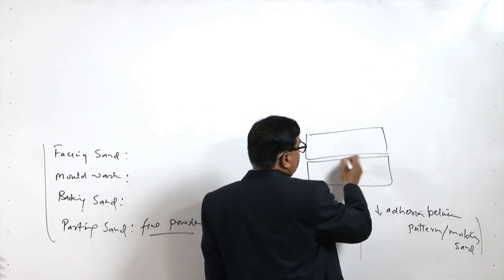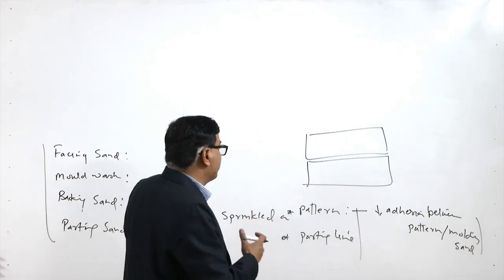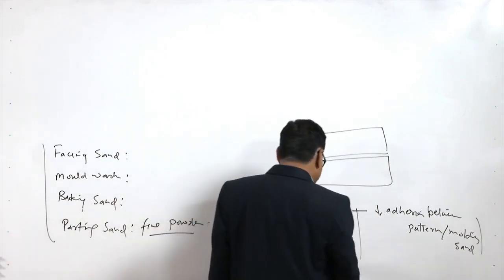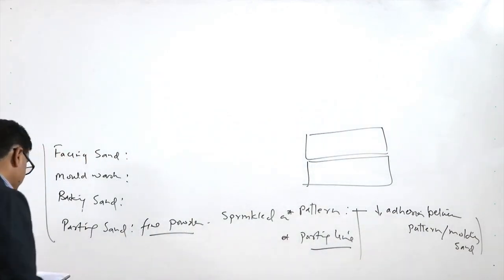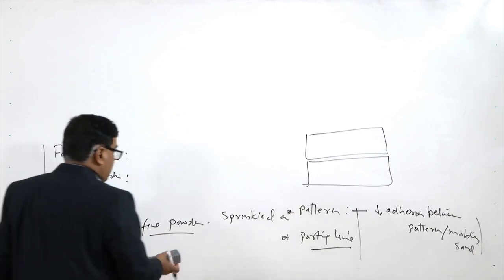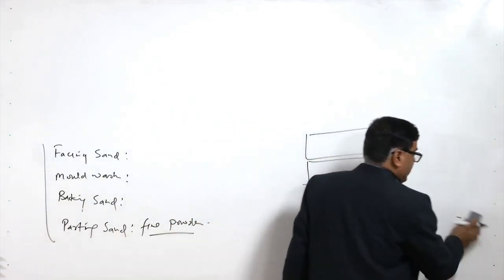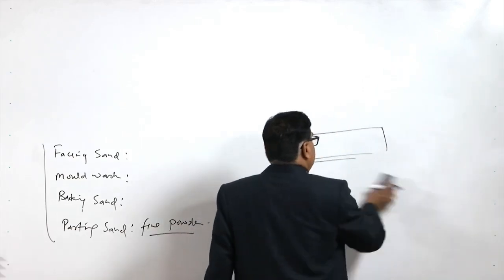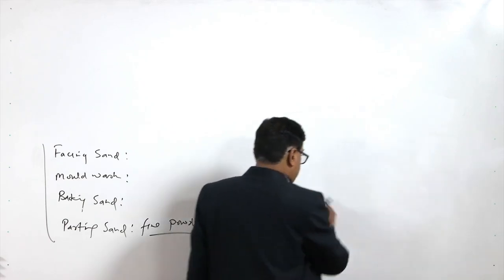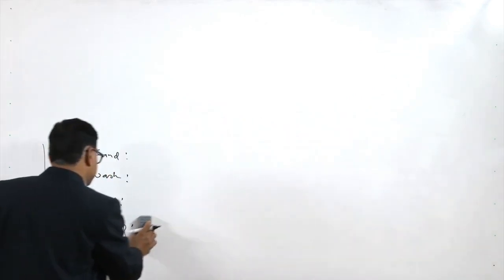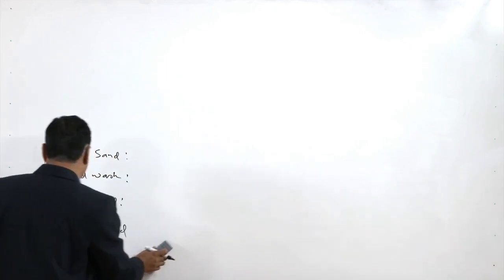So, the separation of the cope and drag without damage will be easier when the parting sand is sprinkled over the surface of the pattern and on the parting line, so that the damage during the withdrawal of the pattern as well as during the separation of the cope and drag is reduced.